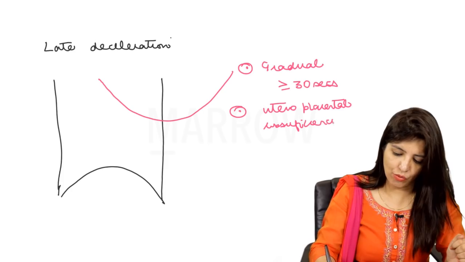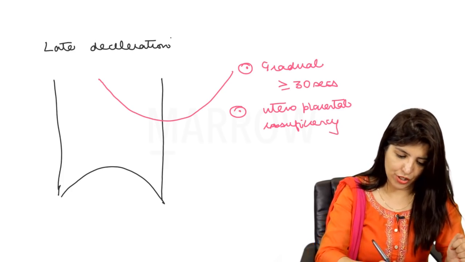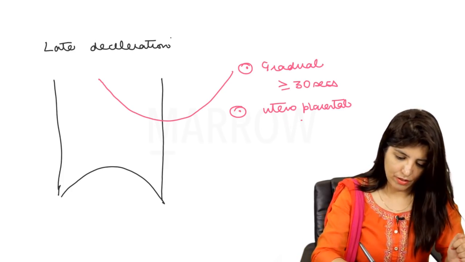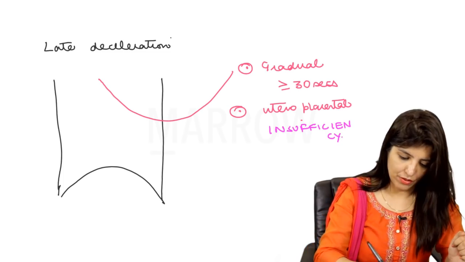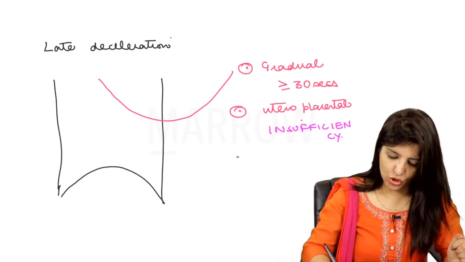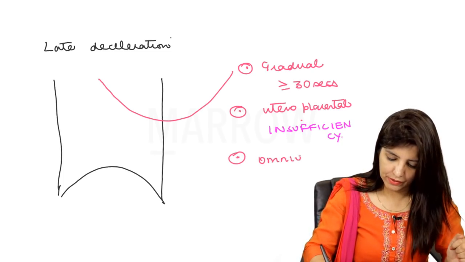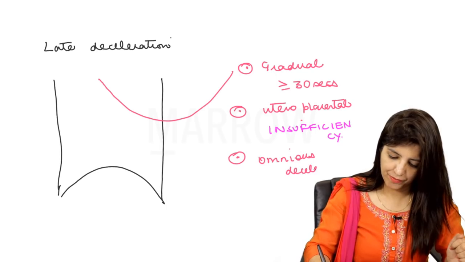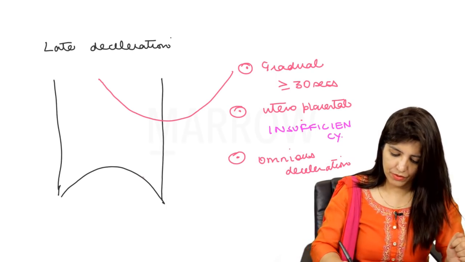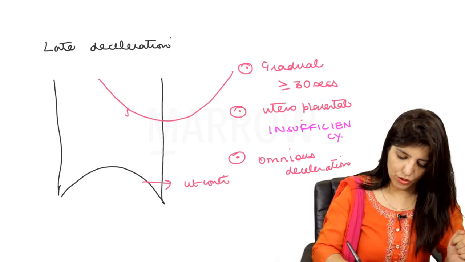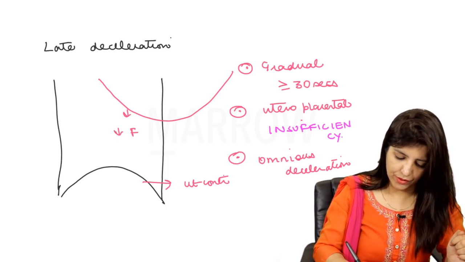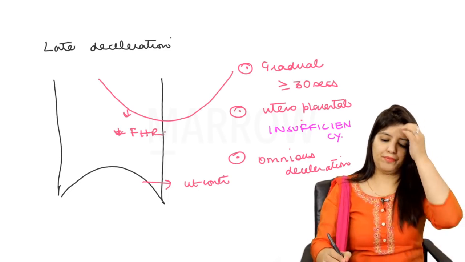And this is the worst type of deceleration to happen. It is the most ominous deceleration, right? So this over here was the uterine contraction and this was the fetal heart rate.